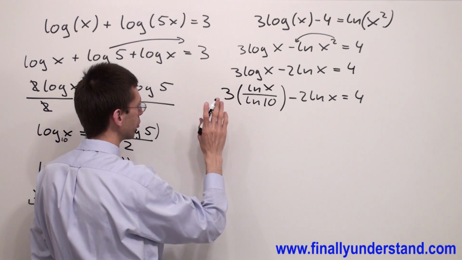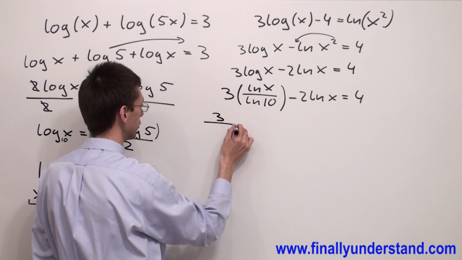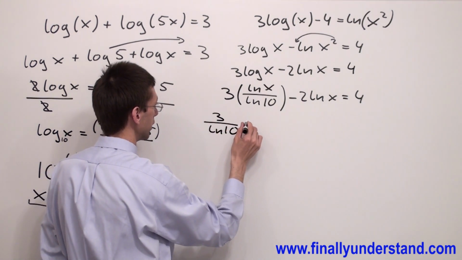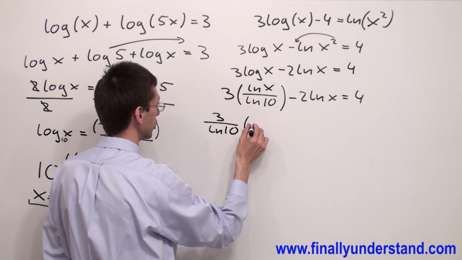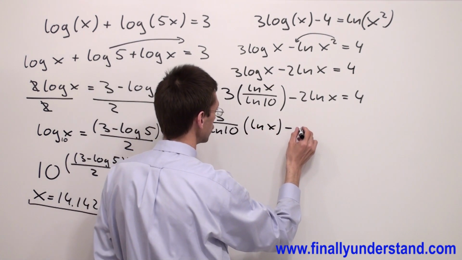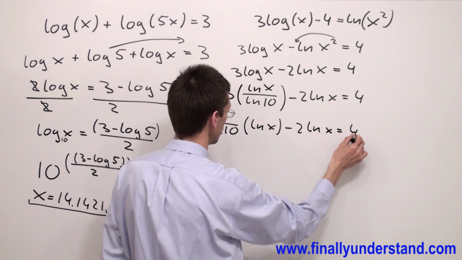Next, we can rewrite this problem as 3 over ln 10, and inside of the parentheses I'm going to have natural log of x, minus 2 ln x equals 4.